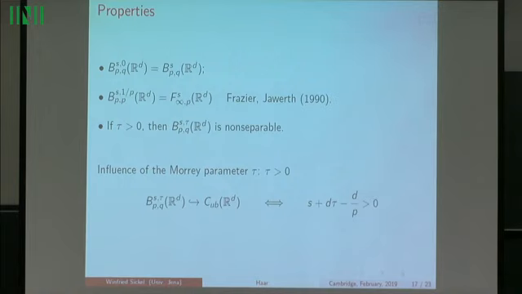The influence of the Morrey parameter can be shown in particular by looking at embeddings. If you look for an embedding into the space of uniformly continuous and bounded functions, then the if and only if condition looks like this. So the parameter tau makes this condition weaker.